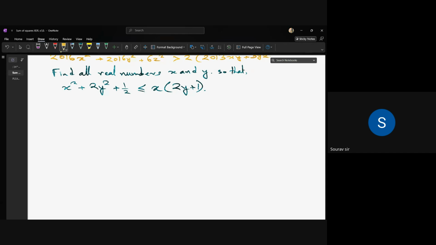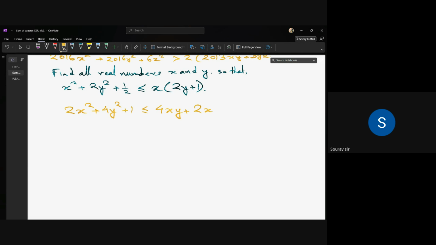So let us just multiply by 2 on both sides. So what will we get then? 2x square plus 4y square plus 1 is less than or equal to 4xy plus 2x. Okay.